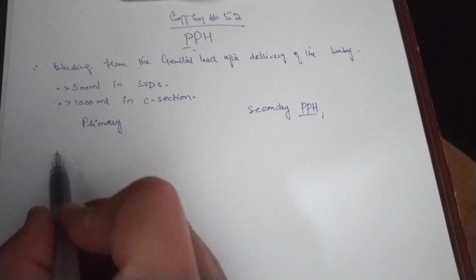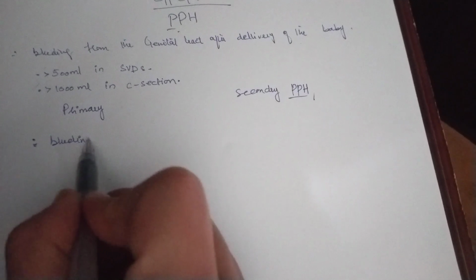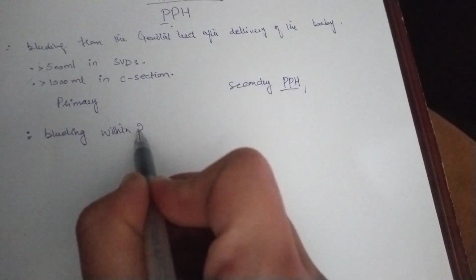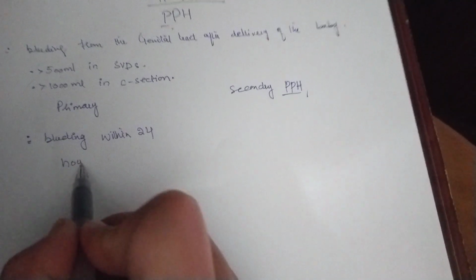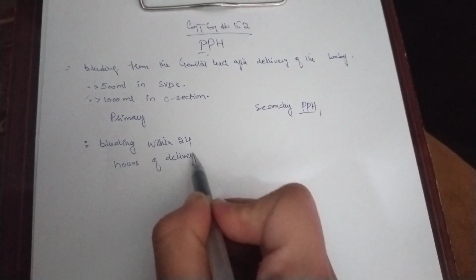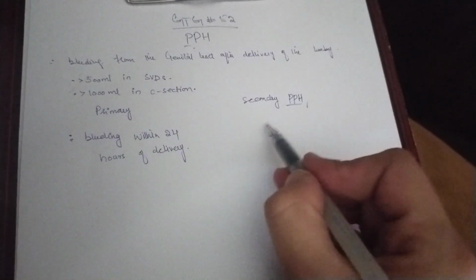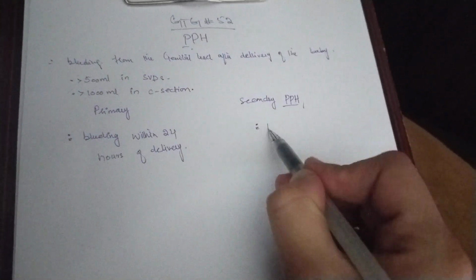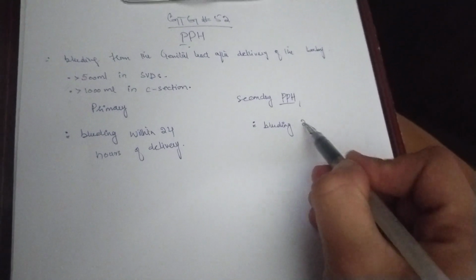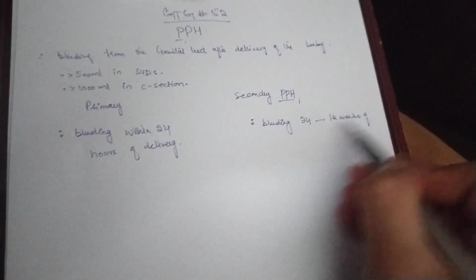Okay, so the primary PPH is when the bleeding occurs from the genital tract within 24 hours of the delivery. Secondary PPH occurs when bleeding occurs between 24 hours to 12 weeks of the delivery.